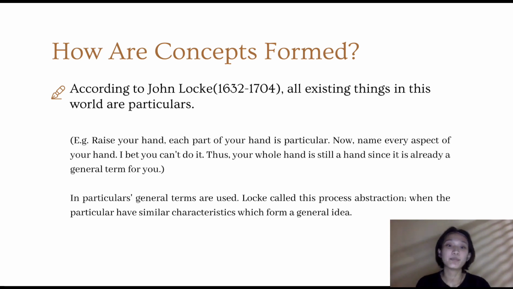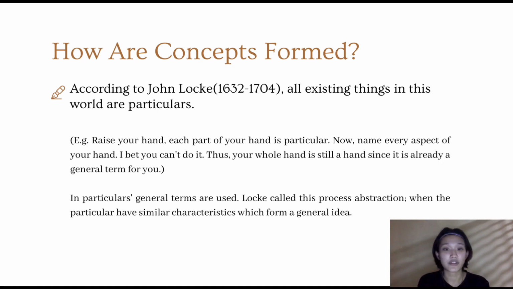It is impossible for an individual to name its hand, and it is also impossible to have a name for every particular. Practically, in particulars, general terms are used. Locke called this process abstraction, when the particulars have similar characteristics which form a general idea.